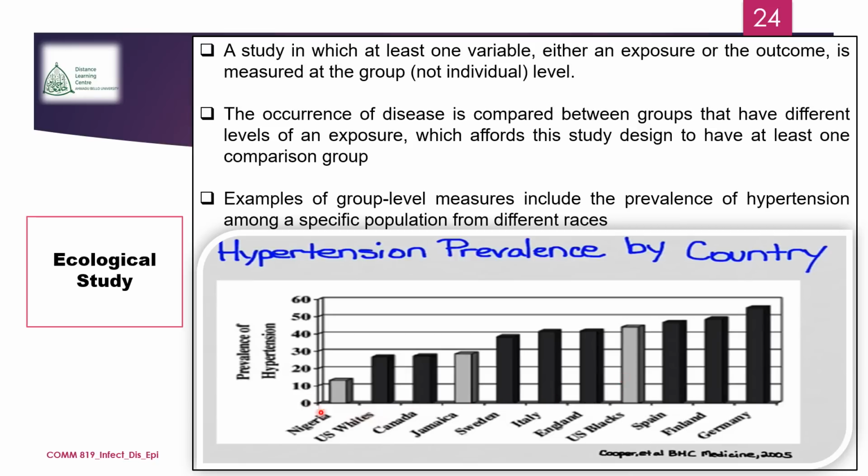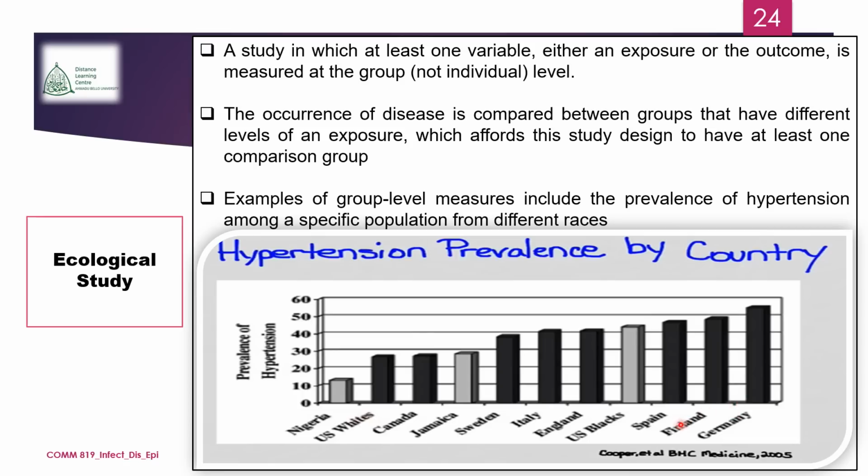So they decided to carry out an ecological study comparing different countries based on race. Nigeria is included, US white, the United States was divided into US white and US black, then Canada, Jamaica, and Sweden, Italy, England, Germany.